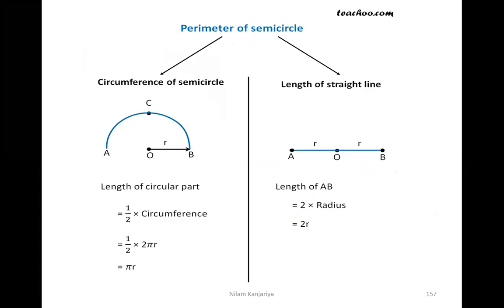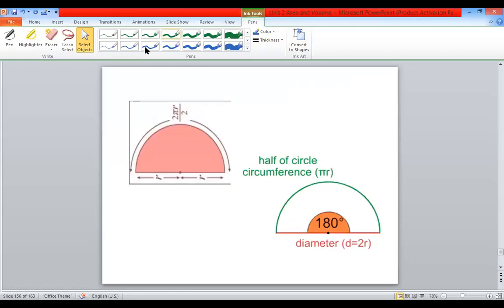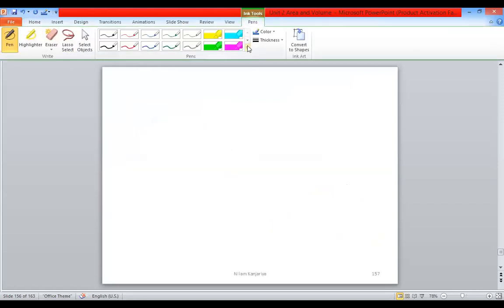But in the semicircle, when you start at point A and again reach point A, what happened here? Look here, student. This is your semicircle, and the center is O.